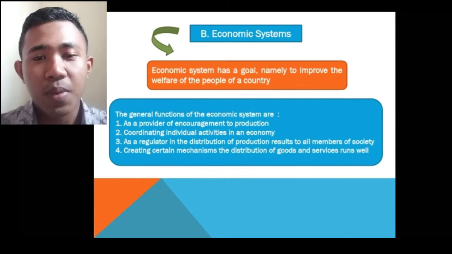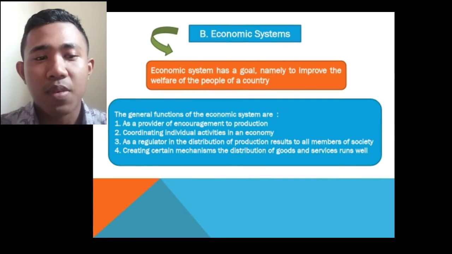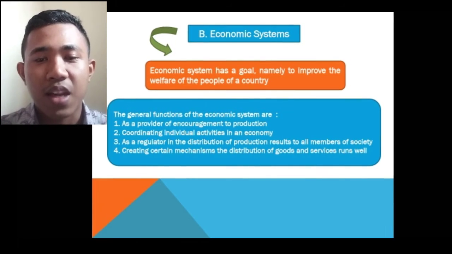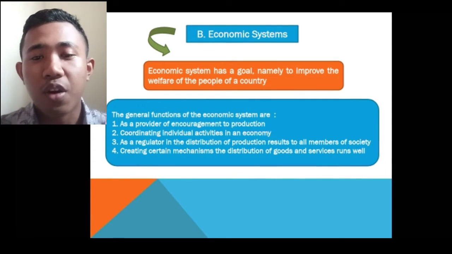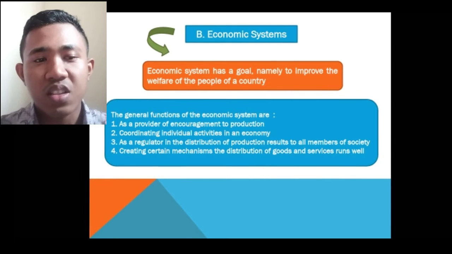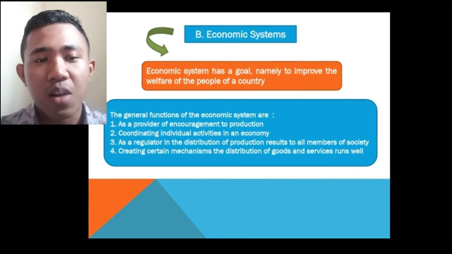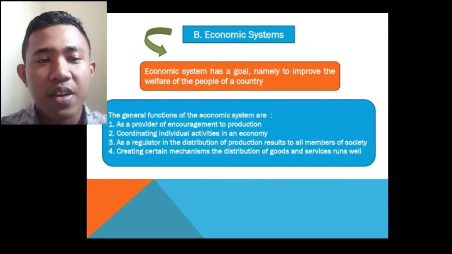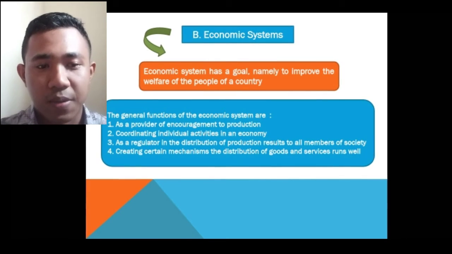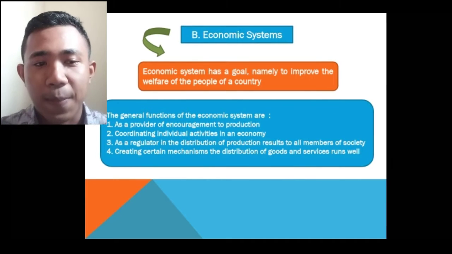B. Economic systems. The economic system has a goal, namely to improve the welfare of the people of a country. The general functions of the economic system are: 1. As a provider of encouragement to production. 2.